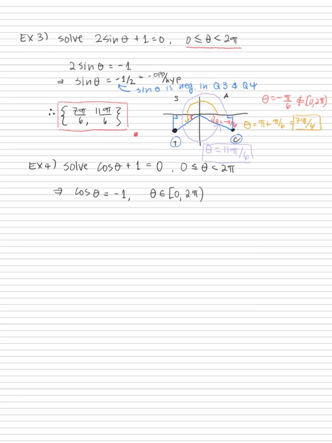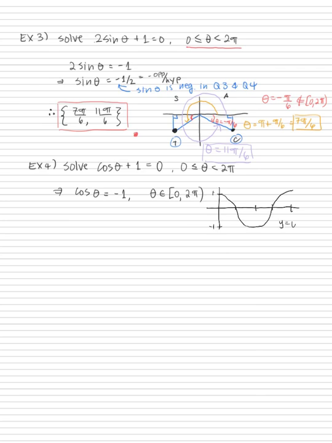Now there are a couple ways that you can solve for theta. I personally, when I have cosine of theta equals negative 1 or 0 or 1, I just look at the cosine graph. You don't have to do it this way. You could also use the unit circle if you want to. So the cosine graph is going to start from 1, negative 1.